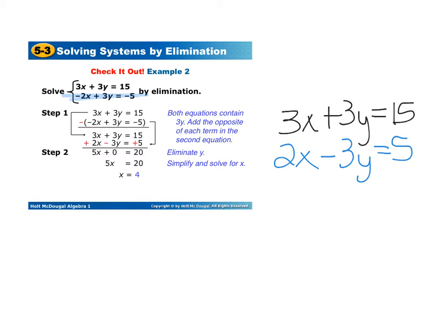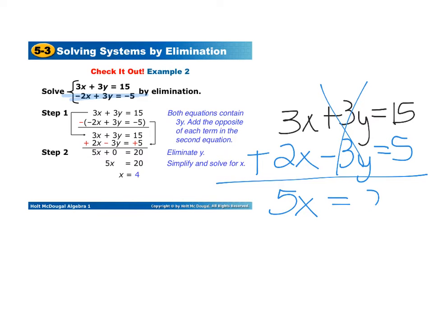Because I've multiplied this all by -1 now. Now I can add the two equations. 3x plus 2x gives me 5x. The y's cancel out. And then 15 plus 5 is 20. Divide by 5. X equals 4.